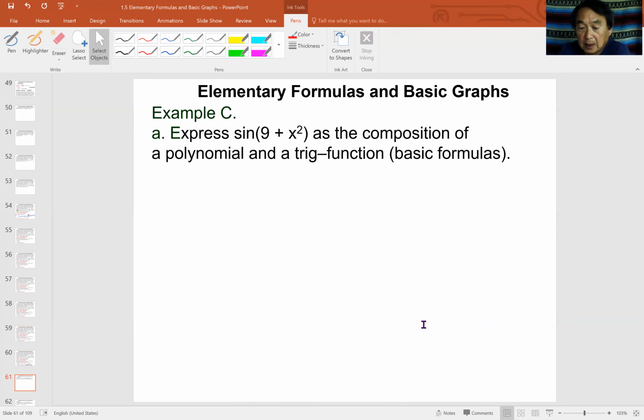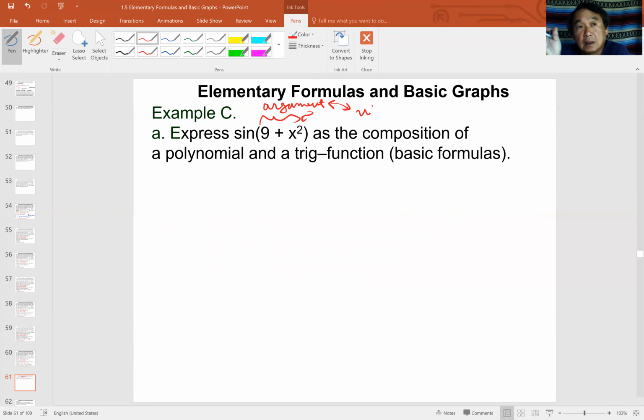So here's a two-layer function, and the inside layer is the 9 plus x squared. We call this the argument in mathematics. In future notation, we will use the letter U for the argument in a lot of processes.